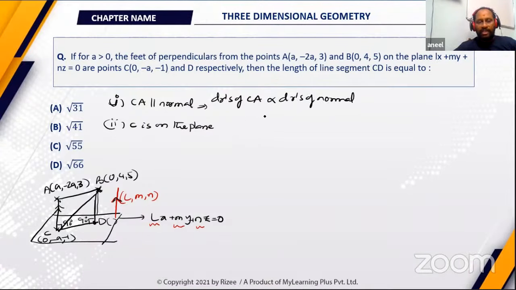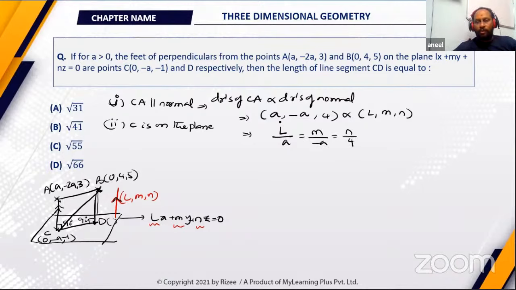Direction ratios of CA are a minus 0, minus 2a plus a, and 3 plus 1, that is 4. And direction ratios of the normal are L, M, and N. When CA and the normal are parallel, they are proportional, meaning L by a is equal to M by minus a is equal to N by 4. This is the first one.